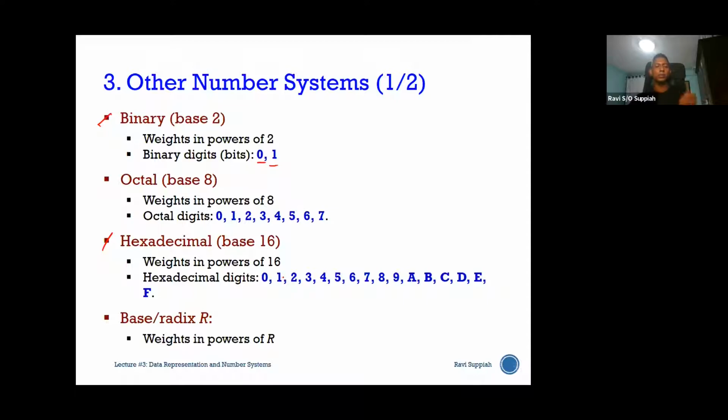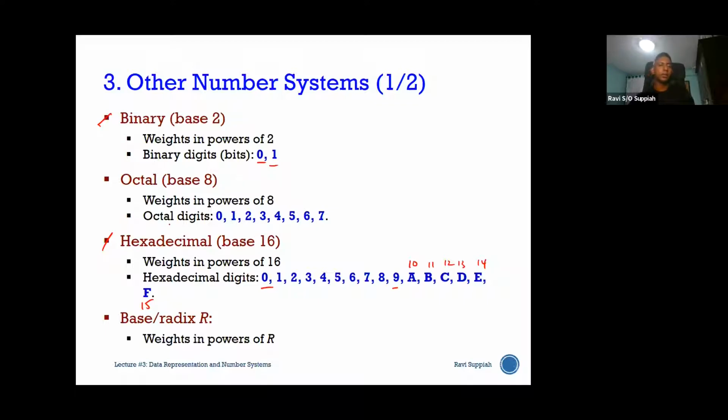Base 16 means you have 16 different symbols, and how you represent them is you go from 0 all the way to 9. After 9 is 10, 11, 12, 13, 14, 15. And these numbers 10 to 15 are represented by alphabets. So these alphabets represent the values from 10 to 15.